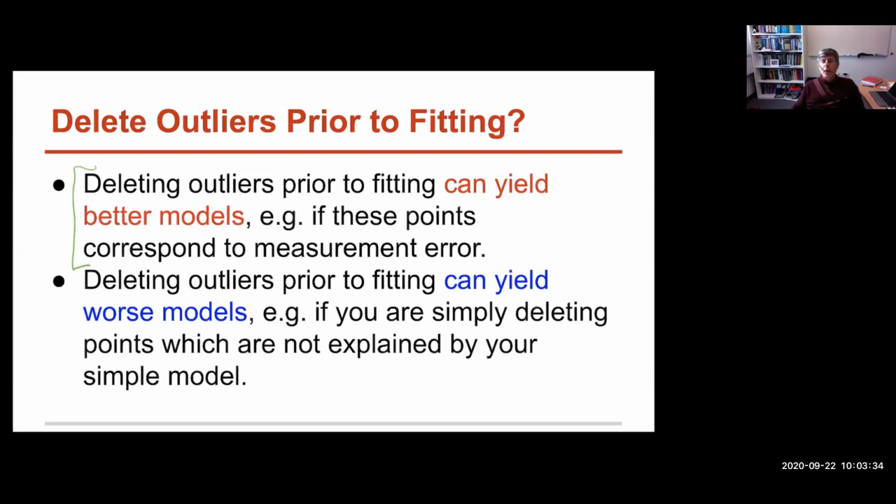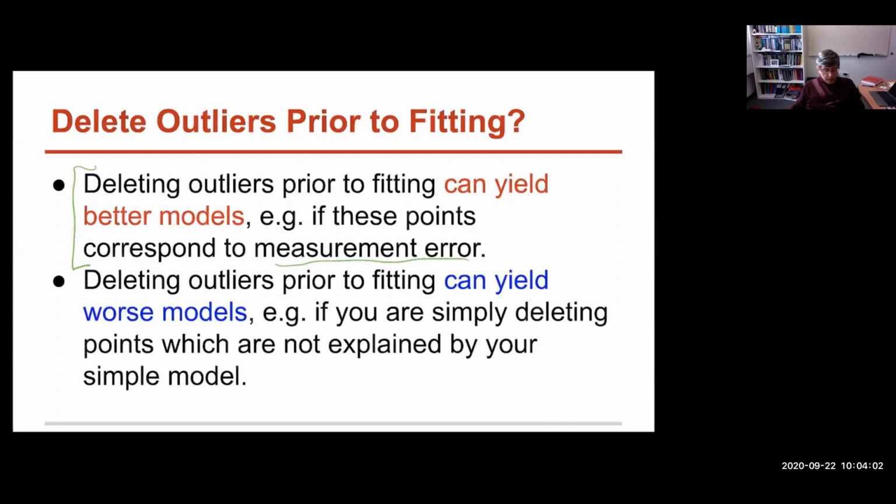By definition, an outlier is something unexpected. If you get rid of the things you don't expect, you should be able to generate better predictions. It should be easier to model. So certainly, if you've got points that correspond to measurement error or some kind of real error, then you're probably much better off trying to fit the real data.